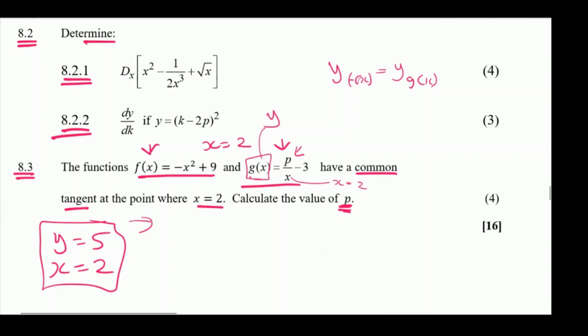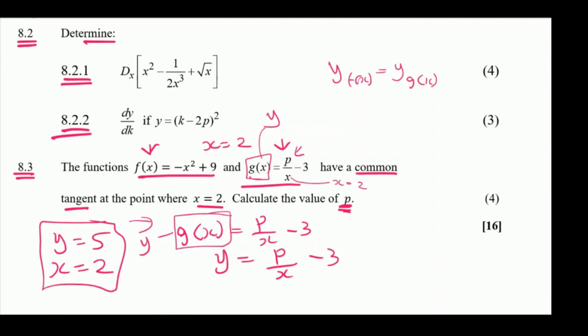So g of x equals p over x minus 3, right? And I said g of x is the same as having y. So y equals p over x minus 3. So where there's y, you'll put the 5.